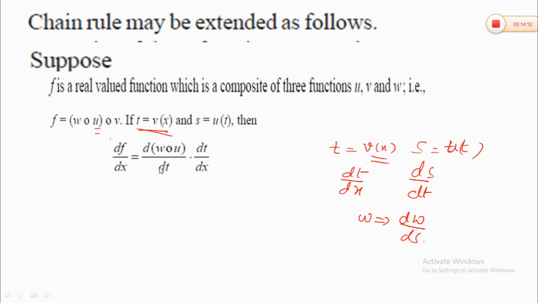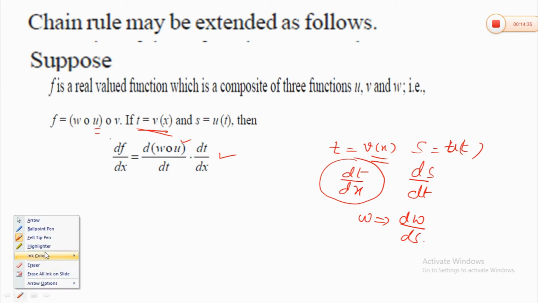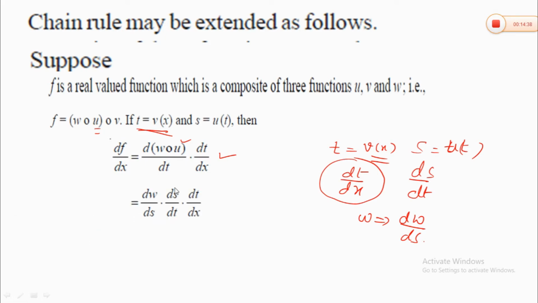The outermost is v, so its derivative is dt upon dx. Now u is a function of t here, so its derivative is ds upon dt.